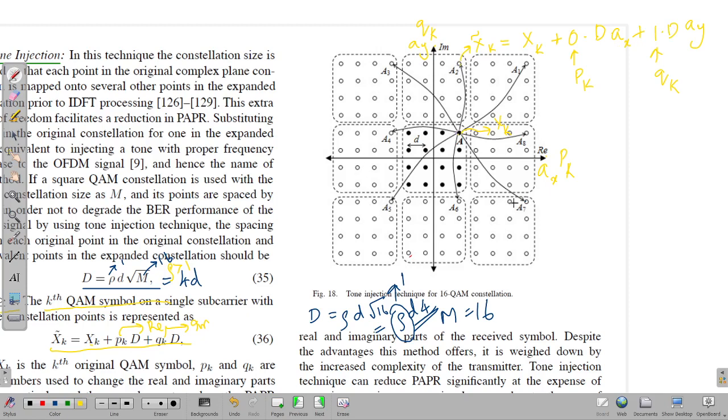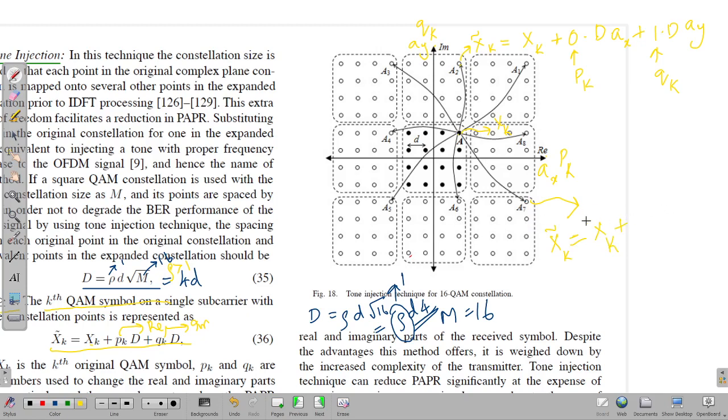If I take this constellation point, you can see that there is variation along the y-axis, which is d, and again there is a variation along the x-axis, which is again d. So this point can be written as xk tilde is equal to xk, and this point has moved down.